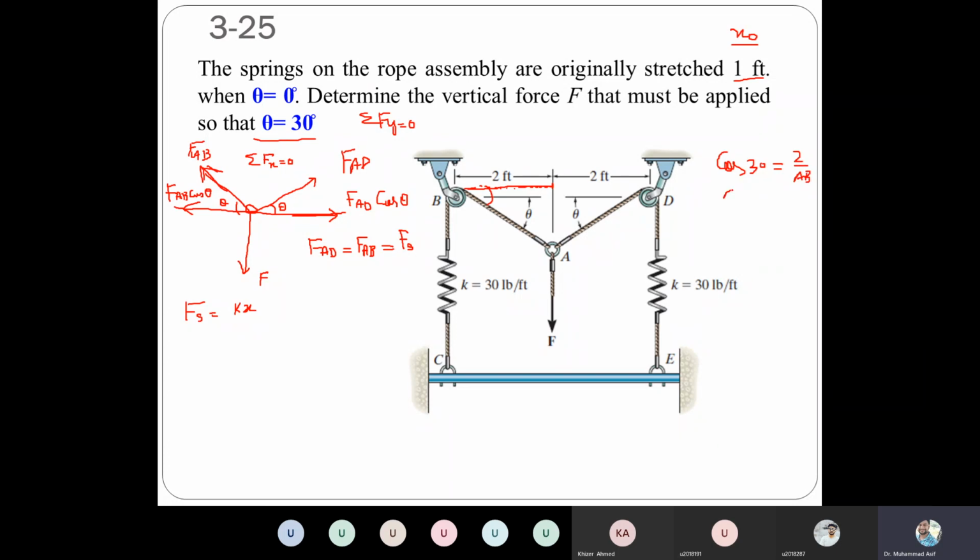So in other words, AB is equal to 2 divided by cos 30, which is how much?